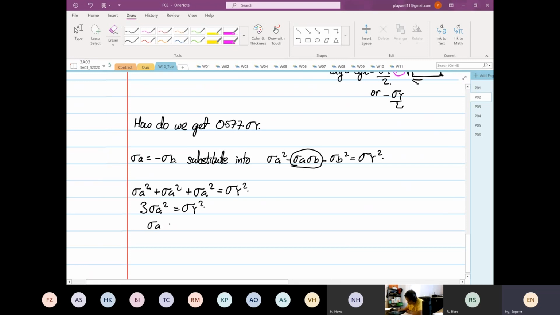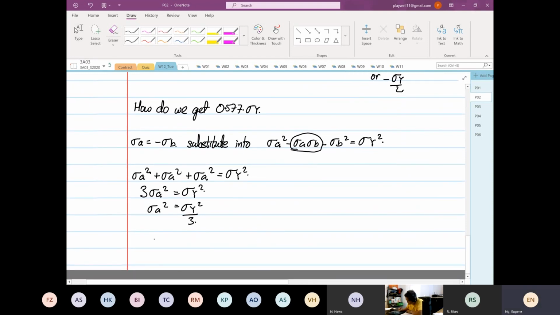Stress A squared is equal to stress U squared divided by 3, so stress A is equal to plus or minus stress U divided by square root 3. 1 divided by square root 3 is 0.577.